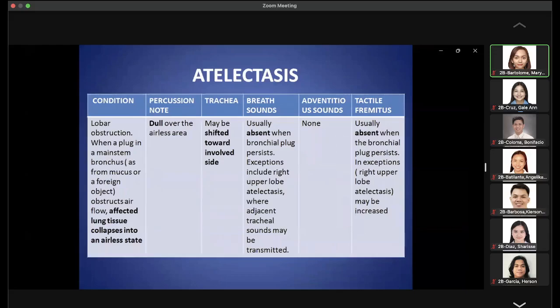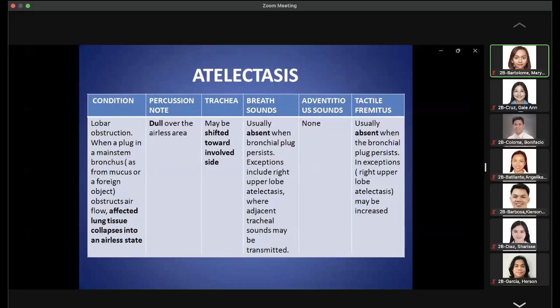Next would be atelectasis. The term atelectasis means collapse of lung. Lobar obstruction is the classic example. When a plug in a main stem bronchus obstructs airflow, the affected lung tissue collapses into an airless state.